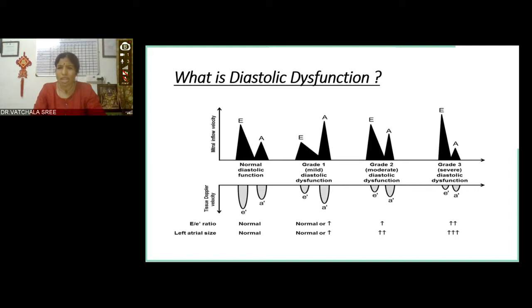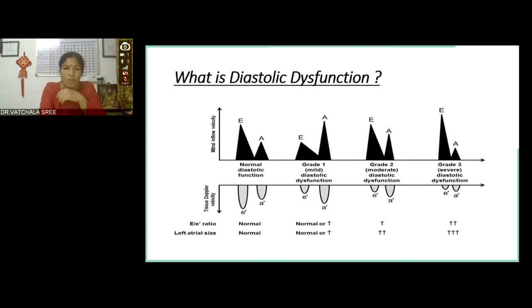And also, when the LV is stretchable, compliant and relaxable, no matter how much blood enters, the LV can expand. Then there is a third phase called diastasis, where no filling happens. Whatever blood has entered the LV just stays there. And the fourth phase is the final phase, where whatever blood is left in the left atrium is pushed into the LV through the left atrial contraction.